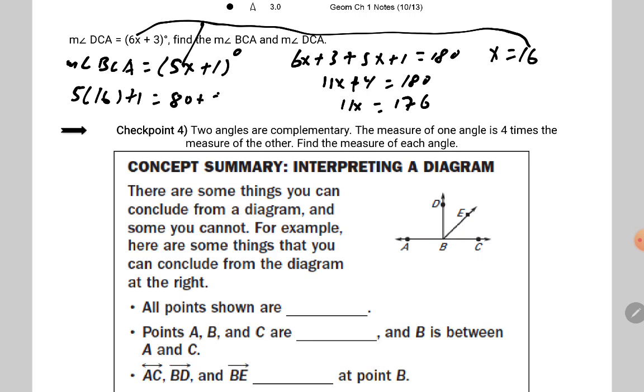Plus 1 is 81. And then DCA is 6 times 16 plus 3. And that would be 96 plus 3, which is 99 degrees.